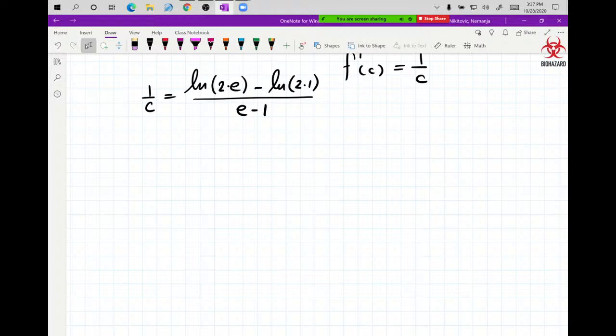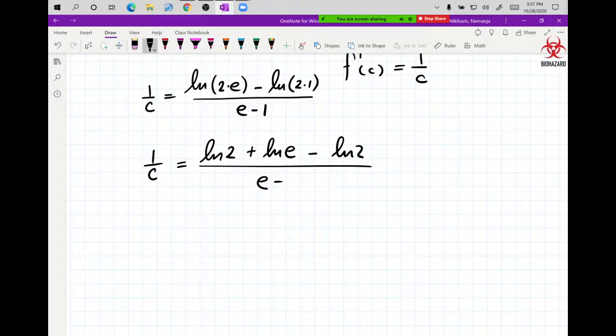Now, to solve this equation and calculate the value for c, you can use the ln rule, ln 2 plus ln e minus ln 2 divided by e minus 1. We know that multiplication turns into addition if you studied those formulas.